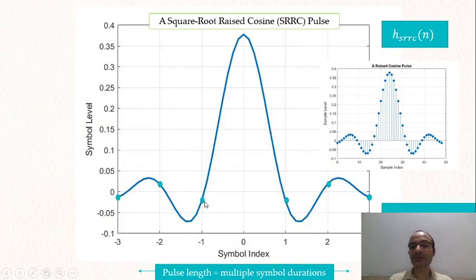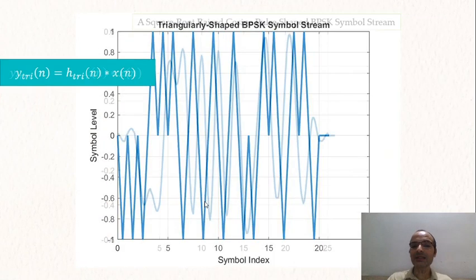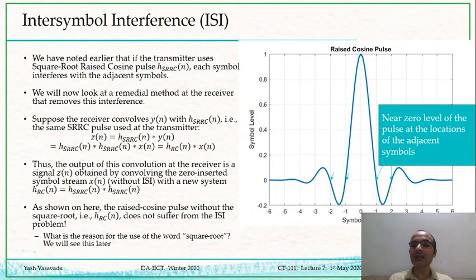Over here it was not close to zero, whereas you can see that this HRC, as I have shown by these arrows, has almost zero level of the pulse at the location of adjacent symbols, which has these integer valued x-axis locations. And so now magically this z of n is free of this intersymbol interference.